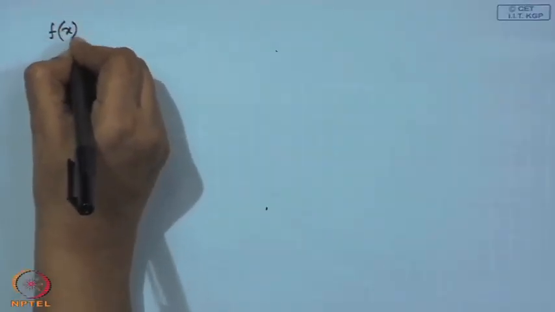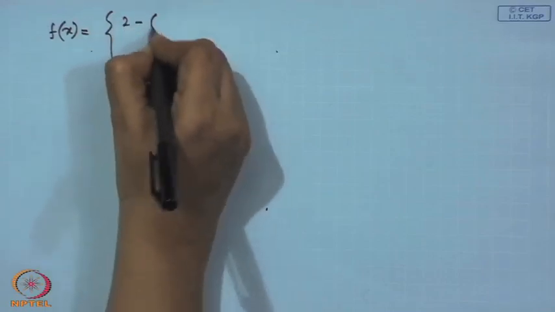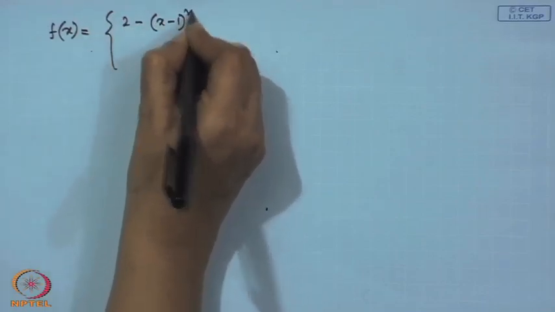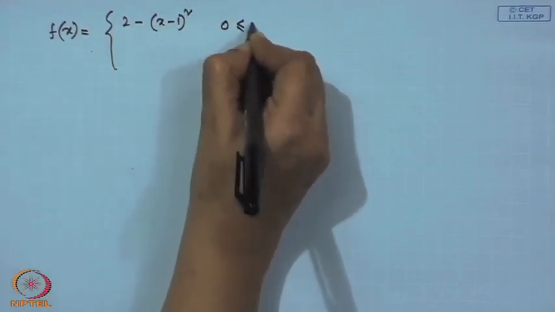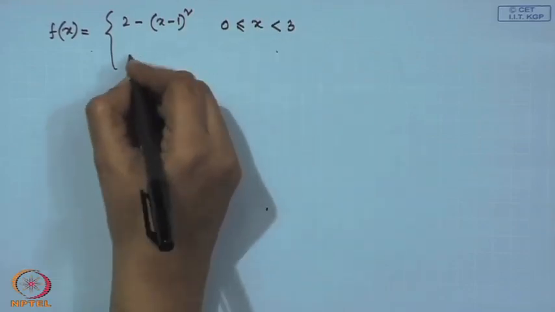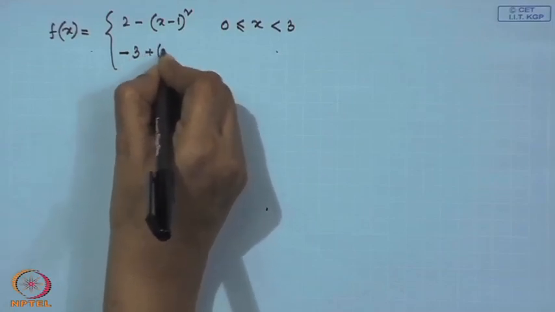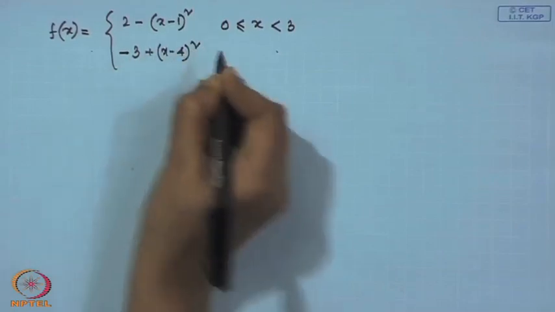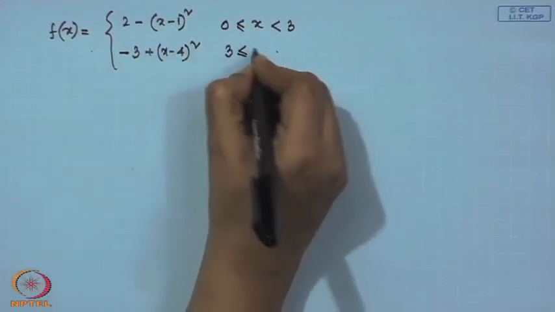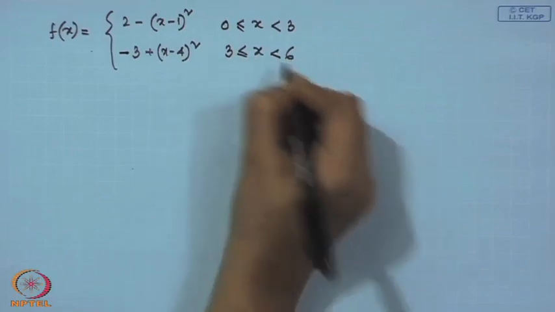The function is defined in this way: 2 minus (x minus 1) whole square if x is between 0 and 3, excluding the point 3, and minus 3 plus (x minus 4) whole square if x goes from 3, including 3, to 6.